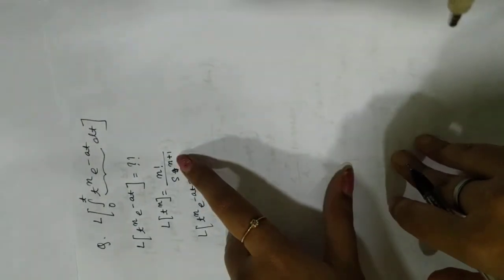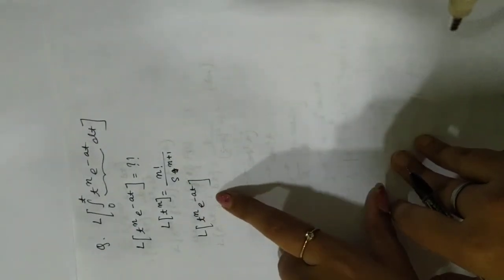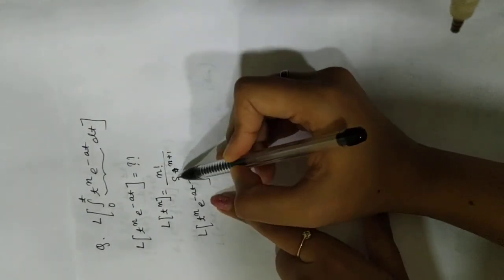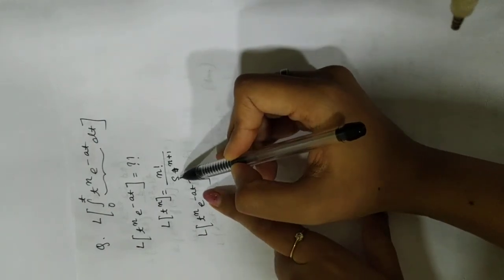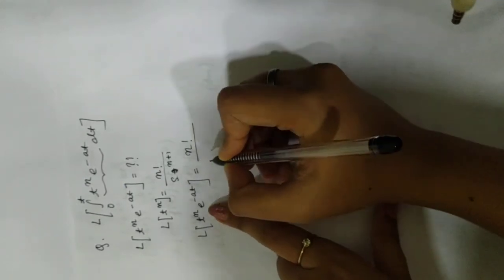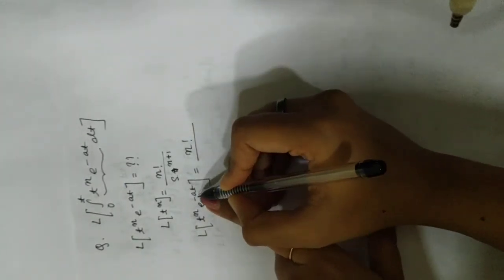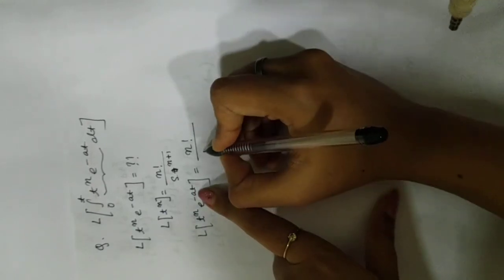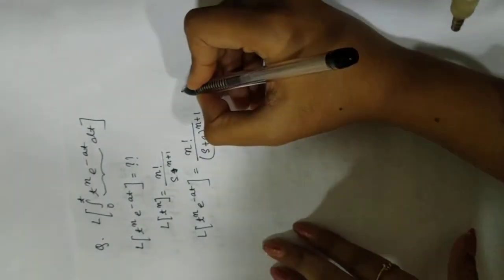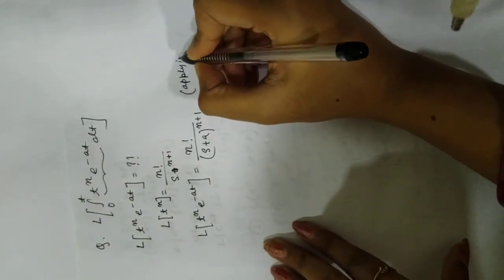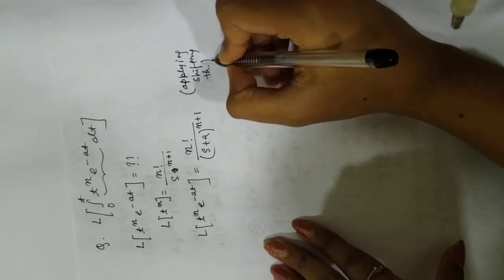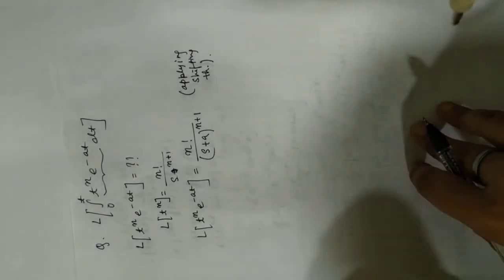So we can very easily find the Laplace transform by using the shifting theorem, right? In shifting theorem, what happens? The function of s gets transformed into the function of s minus a, right? So factorial n divided by, in place of s, now we are going to write s plus a, because over here we have a minus a, so it is s plus a to the power n plus 1, applying shifting theorem. Please do mention the theorem, I'm not writing it.